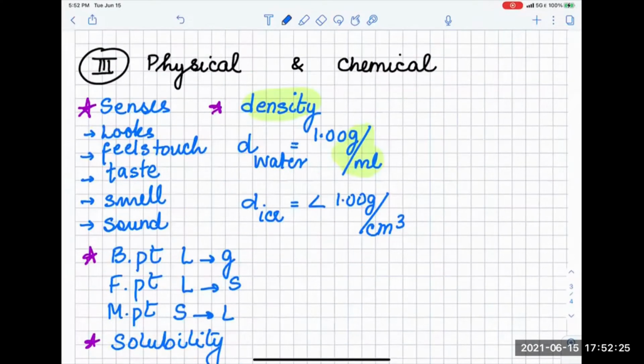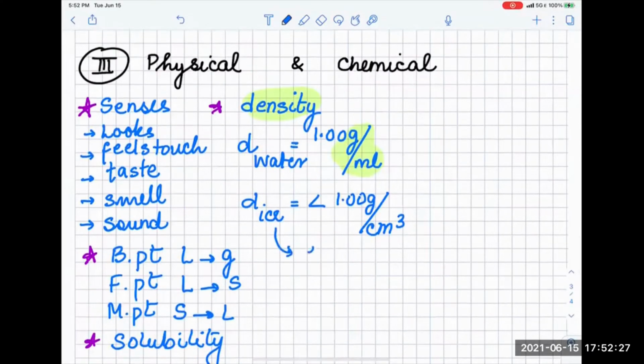When it's less than water, that means the ice is going to float on water. So just keep in mind that this shows the unit for the density. And these numbers are basically relative. You start with one thing and then you measure other things in relation to that. So water is mostly what's used.